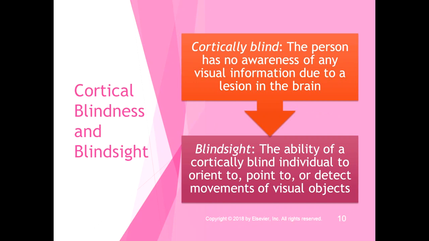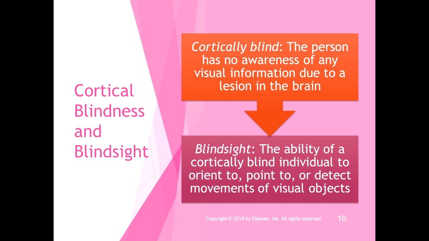Cortical blindness is where the person has no awareness of any visual information due to a lesion in the brain. You could have the eye affected, the optic nerve affected, the thalamus affected, or the cortex affected. So lots of different things in the stream can affect vision.